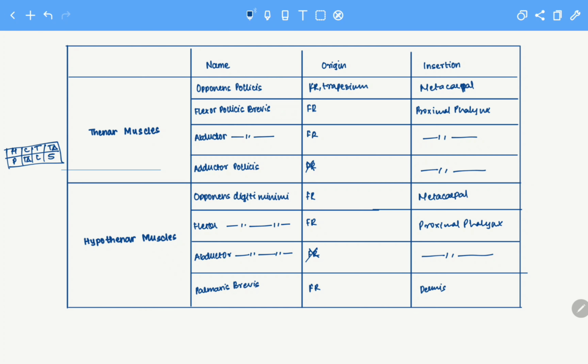So we'll have origin of opponens from the trapezium. Opponens digiti minimi will be hamate, that is the hook of hamate. Now we'll talk about the abductor. Abductor is a bit longer than opponens, therefore it will be scaphoid and trapezium. And here the abductor will be longer, so it will be the pisiform.